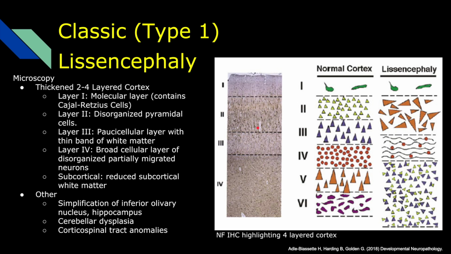And then in lissencephaly, you have this classic 4-layered structure where you have this preservation of the molecular layer that contains the Cajal-Retzius cells. Instead of a granular cell layer, you have this disorganized pyramidal cell layer. Layer 3 is this paucicellular white matter layer, and then you have this 4th layer that's really broad and made up of partially migrated neurons. Now, there are some interesting things to really appreciate here.